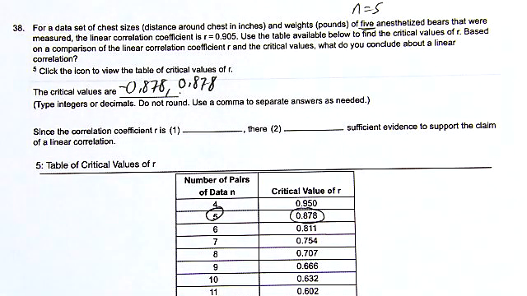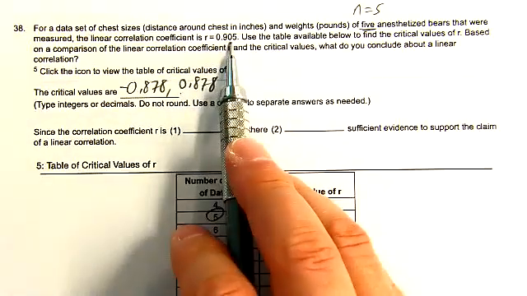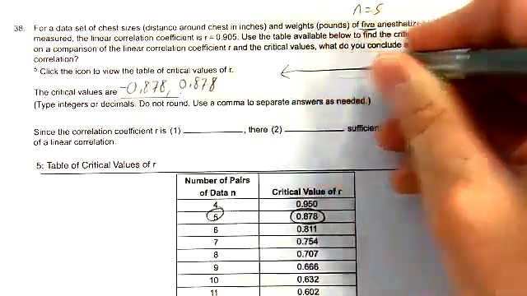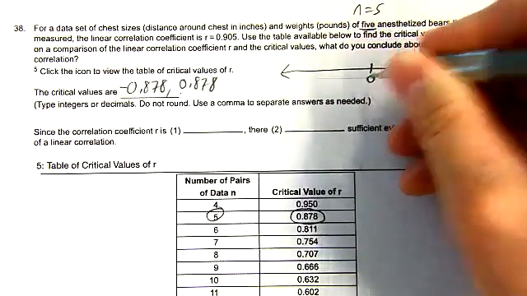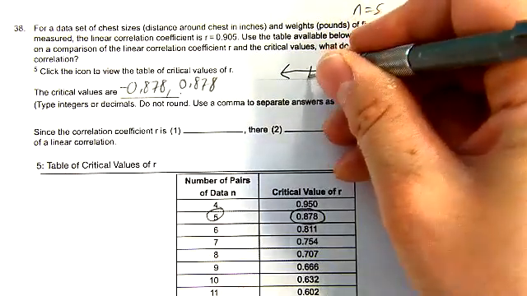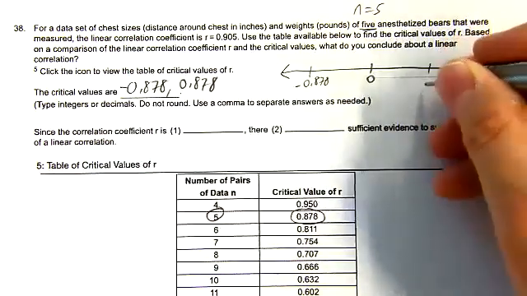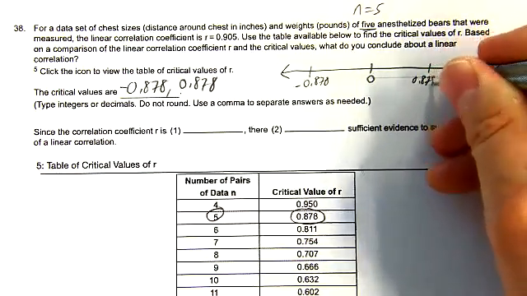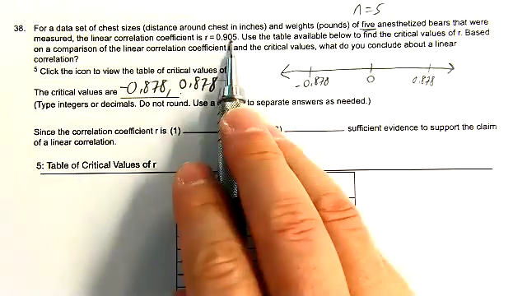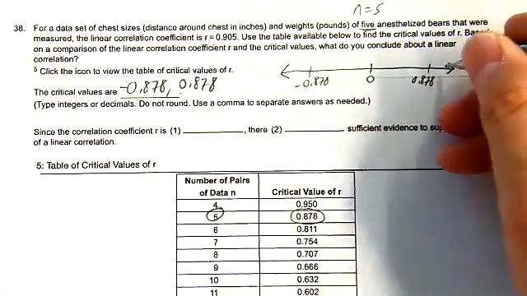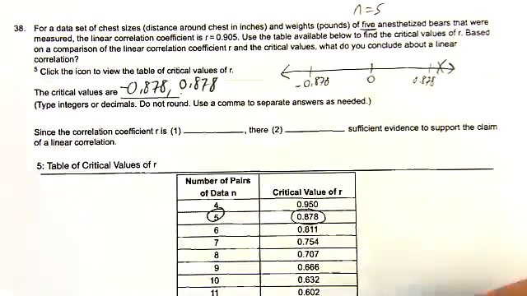Now we just have to compare 0.905. 0.905 is bigger than 0.878, so it's right about here.